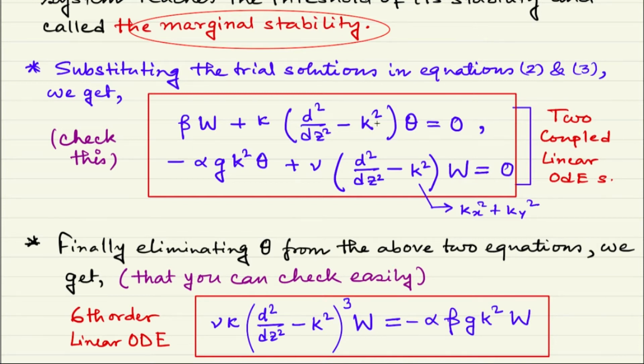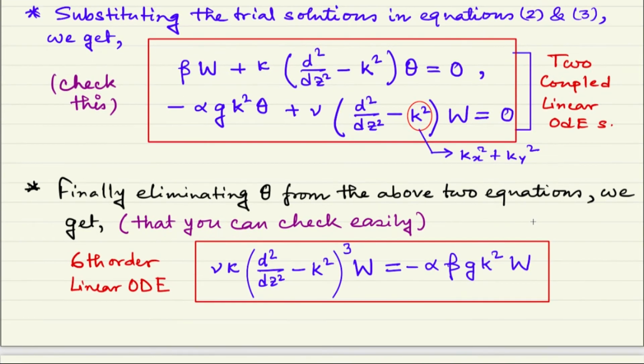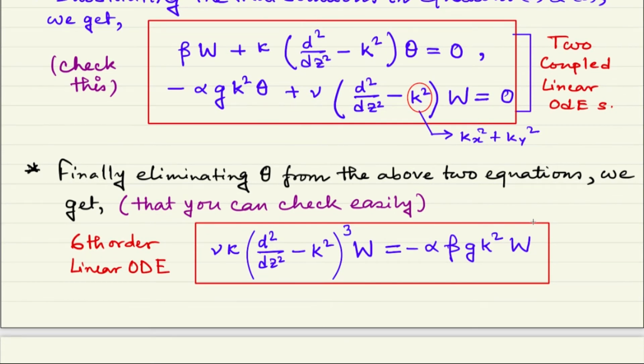This k square is nothing but kx square plus ky square, the modulus square of the horizontal wave number. This is the wave number in the plane perpendicular to the heating direction, to be very honest. The heating direction is the vertical direction.